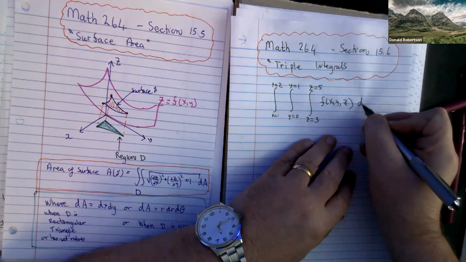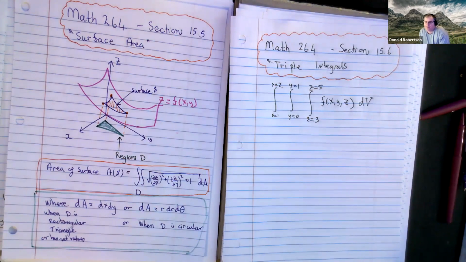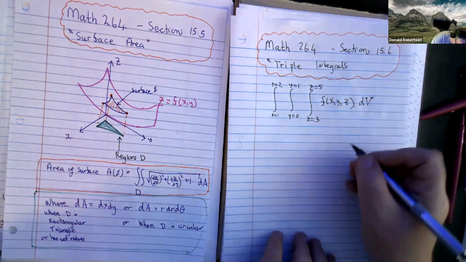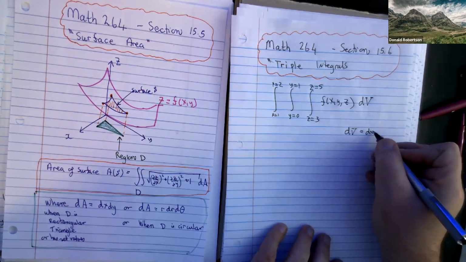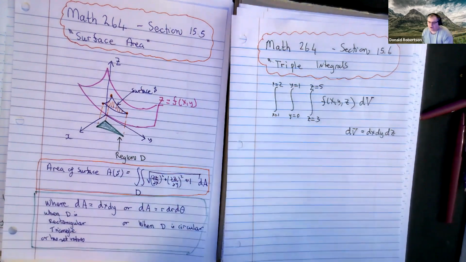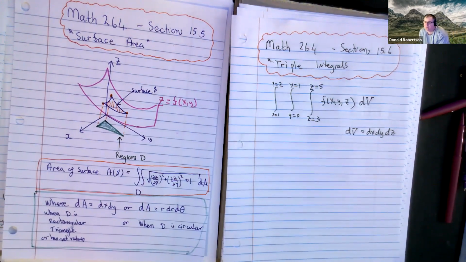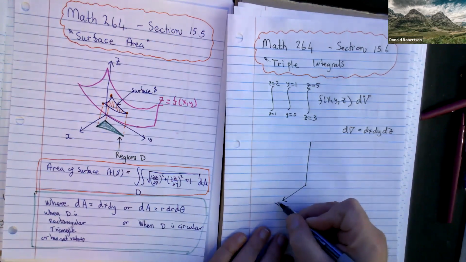And then we finish with, not a dA, but a guy that's typically called dV. And dV will be, at least as far as we're concerned right now, some version of that guy, dx, dy, dz.